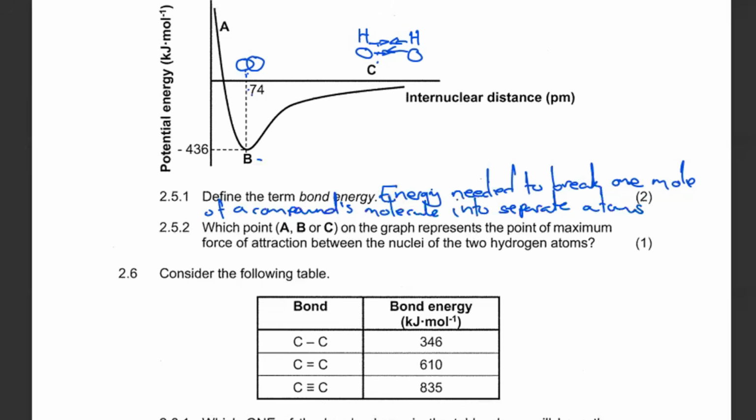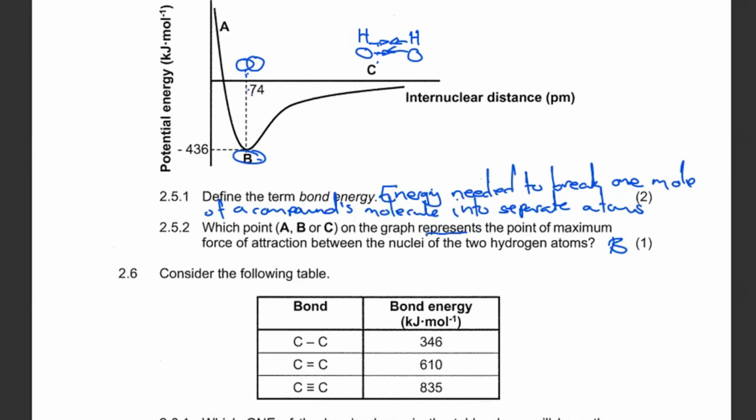The correct answer there is B. So the answer is B, where they are close together. Remember, at points A and C they are approaching each other, and at B they are now close to each other.